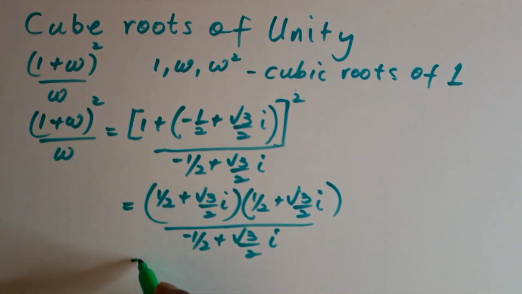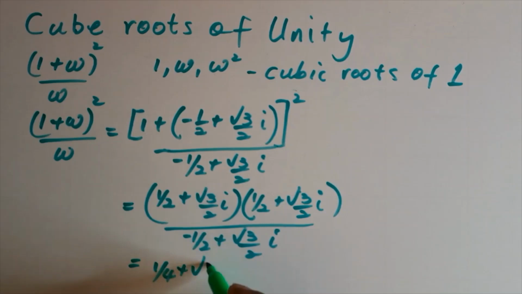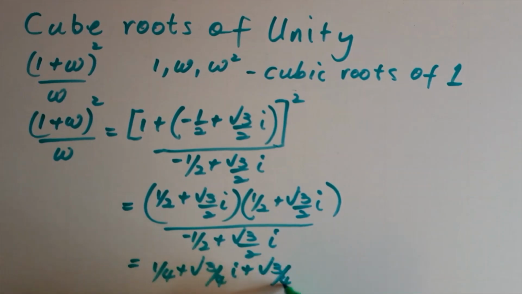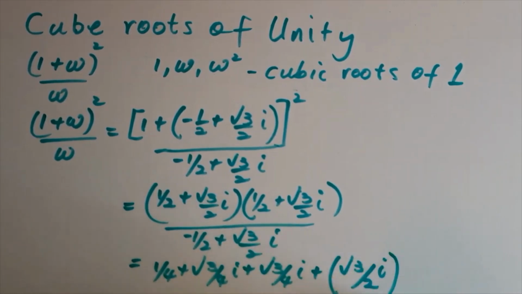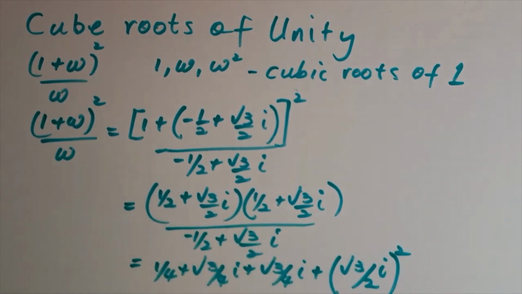If we simplify the numerator, we'll have a quarter add root 3 over 4i, and another root 3 over 4i, add root 3 over 2i, all of this squared.